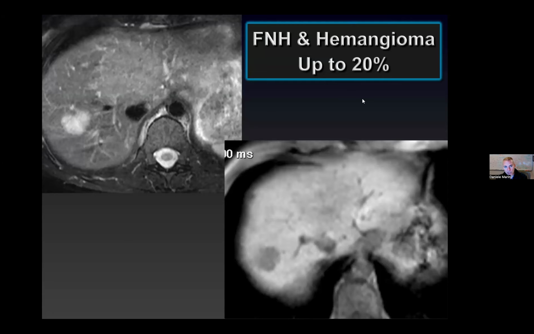Again, we mentioned the fact that in about 20% of cases, focal nodular hyperplasia and hemangiomas can be associated. This is an example of a patient with both. You can see at the dome of the liver, there is a very T2 hyperintense lesion and a mildly T2 hyperintense lesion within the same section.